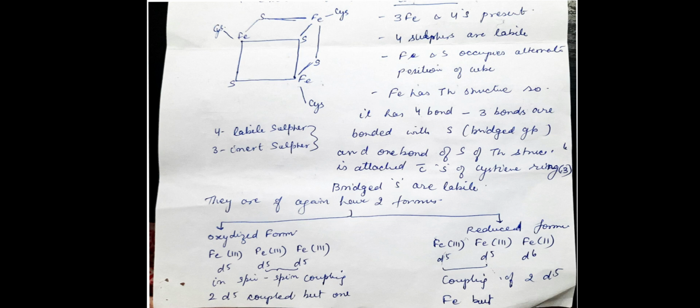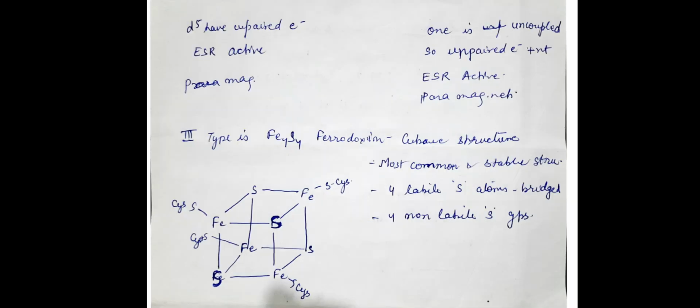Coupling of the 2 d5 orbitals of iron, but 1 unpaired electron is present, so ESR is active and it is paramagnetic. So both forms are paramagnetic in nature.